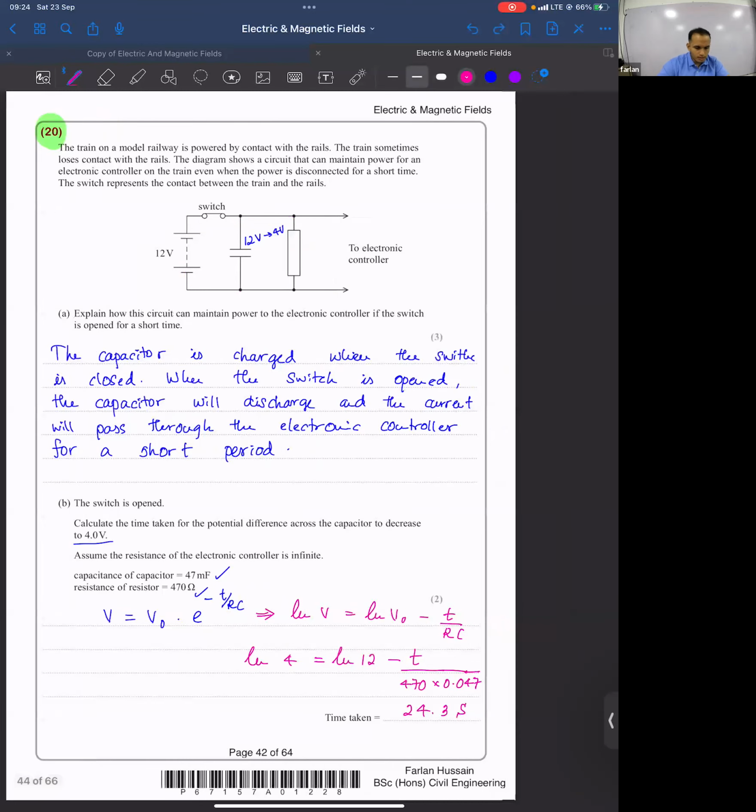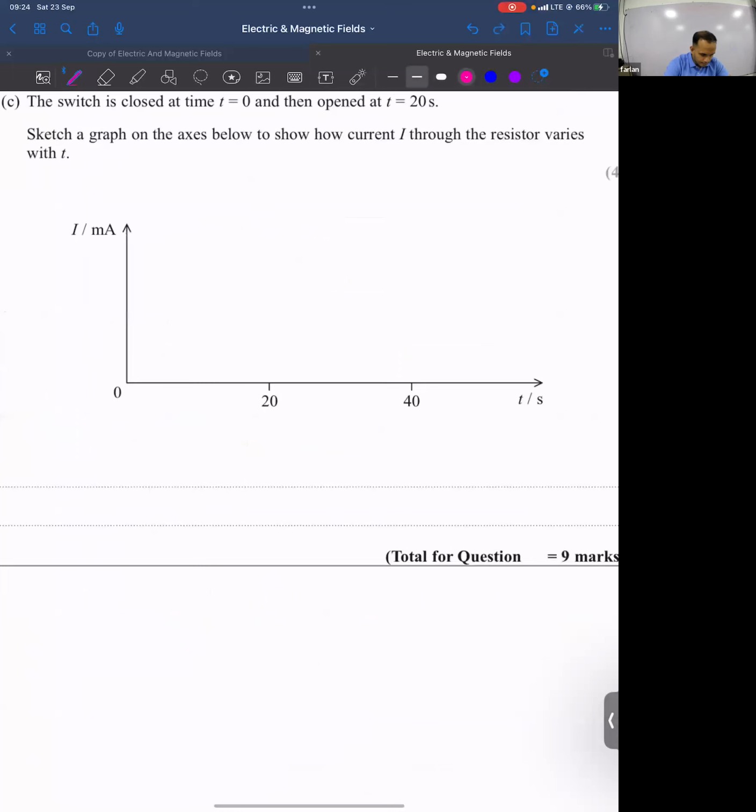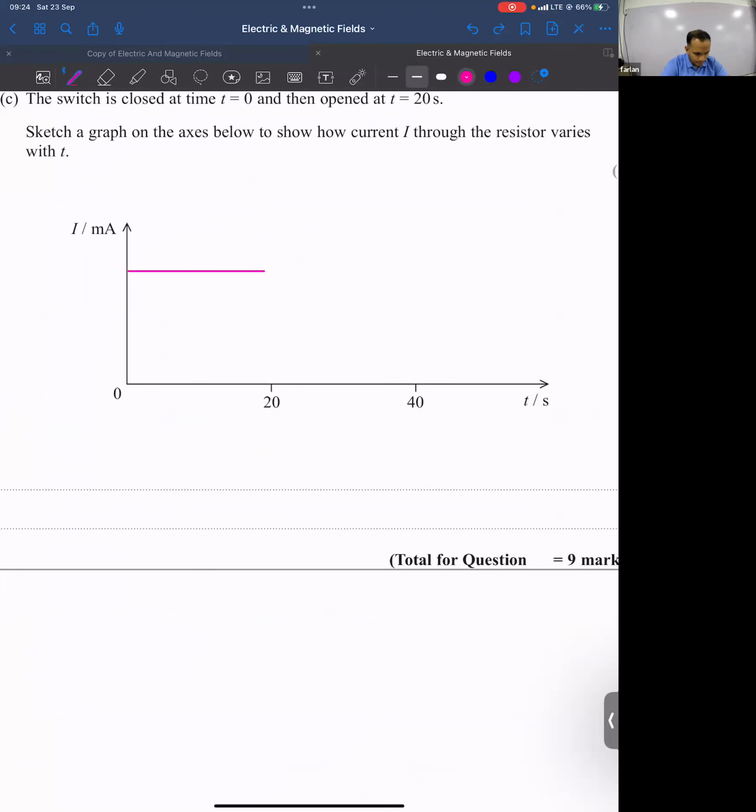So it will be a constant current. Am I right? Until t equals 20, the current will be constant because it's a constant voltage.